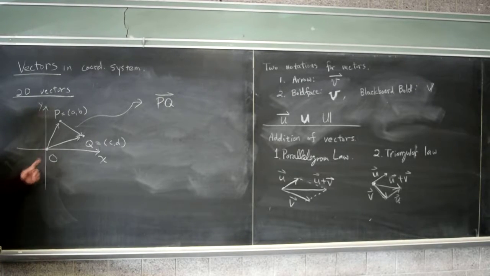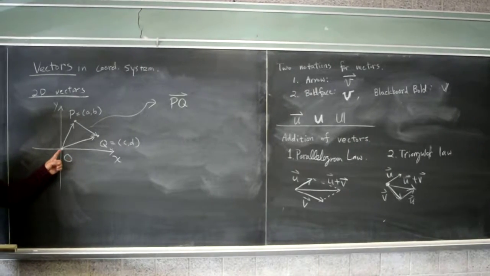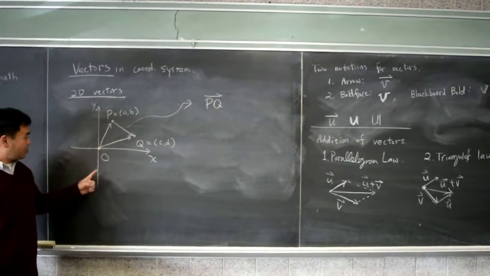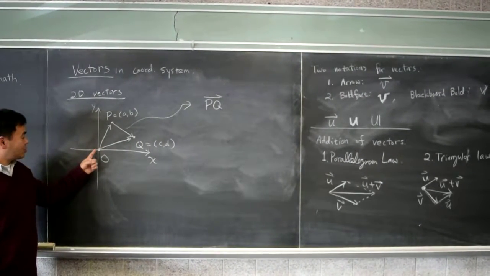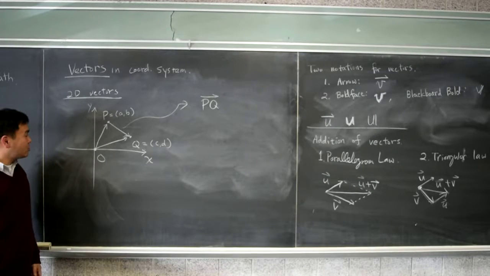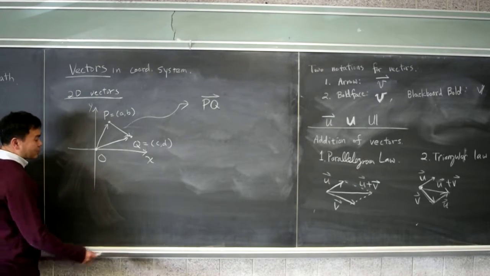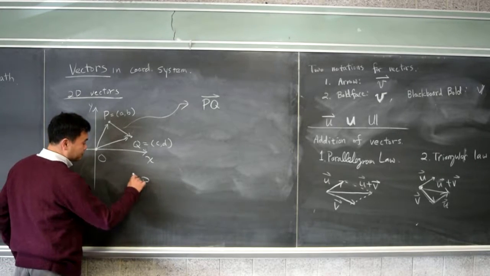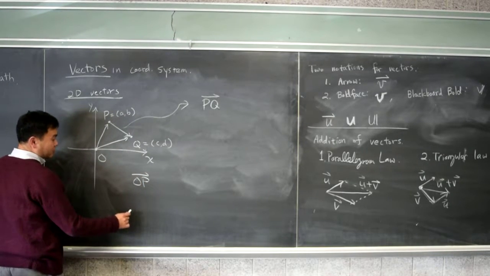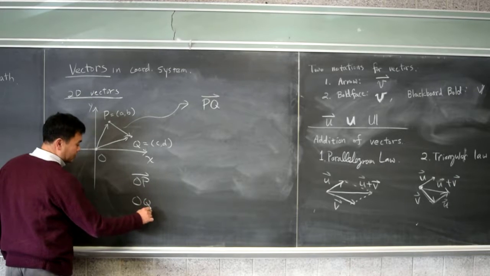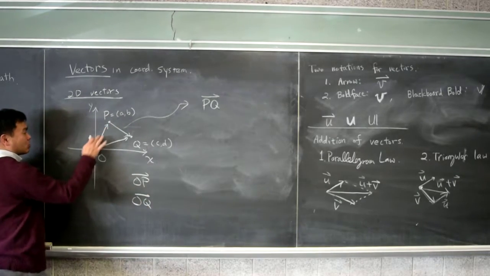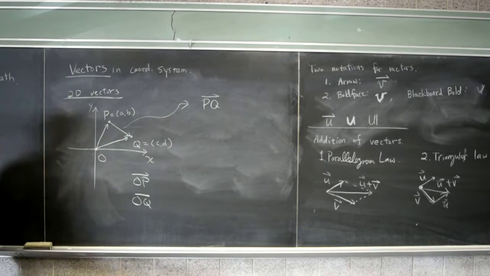The origin is this specified point on the coordinate system where the x and y coordinates are 0. And in that coordinate system, we can talk about the vector OP and the vector OQ. This vector will be OP, that vector will be OQ.